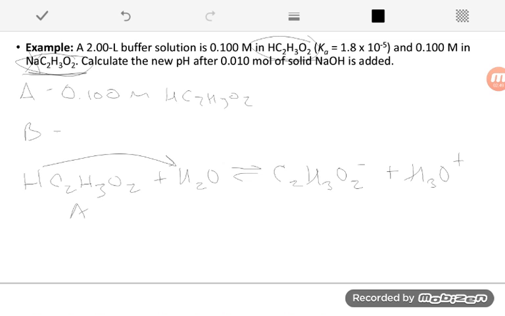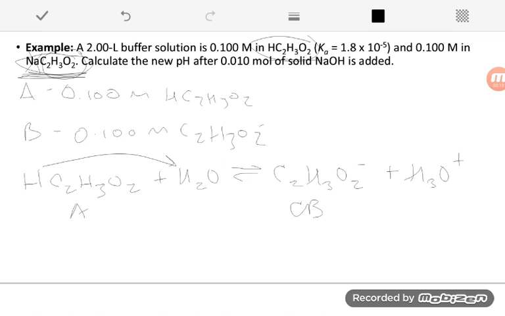So I can see that this is going to be my acid and this is going to be my conjugate base. So when I look at what I was provided with, the sodium acetate, it's really just that acetate ion part I care about. The sodium is a neutral ion, so he really doesn't do anything. So my conjugate base here is my 0.1 molar C2H3O2 minus, that acetate ion.